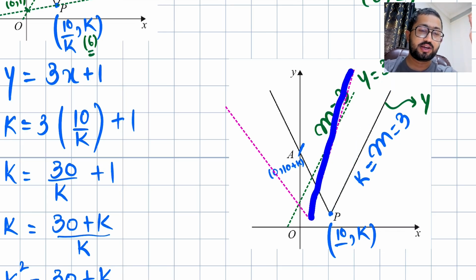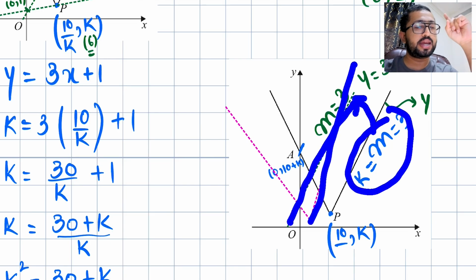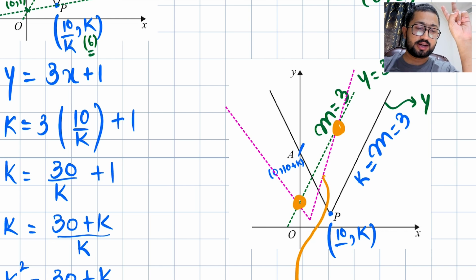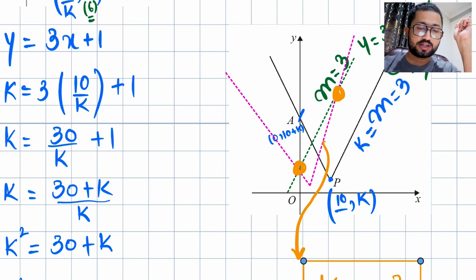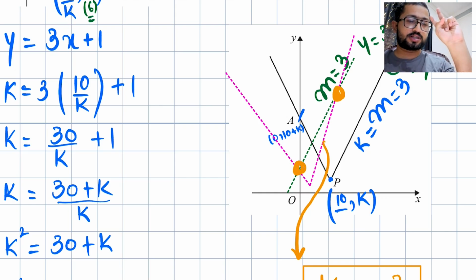Obviously this line. So when the steepness increases, then these two graphs can be intersected at two distinct points. What is steepness? 3. If the gradient increases, obviously they can intersect with each other at two distinct points.